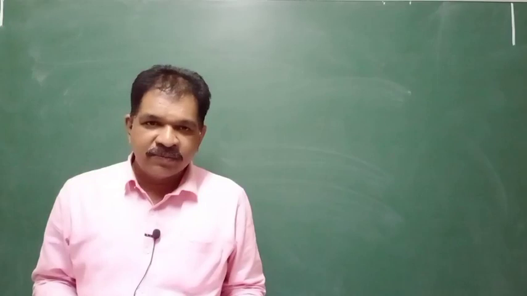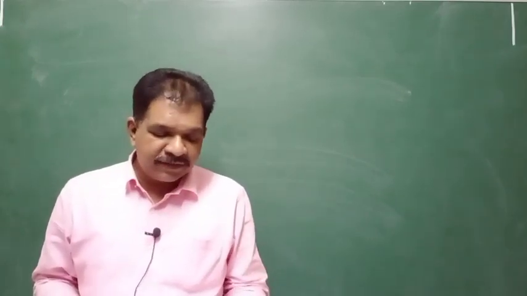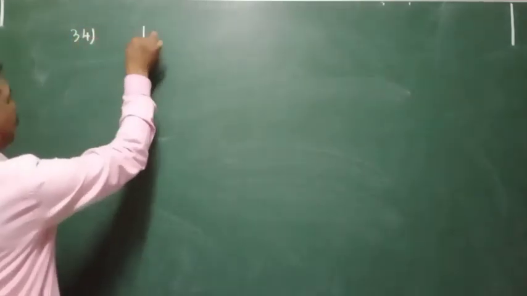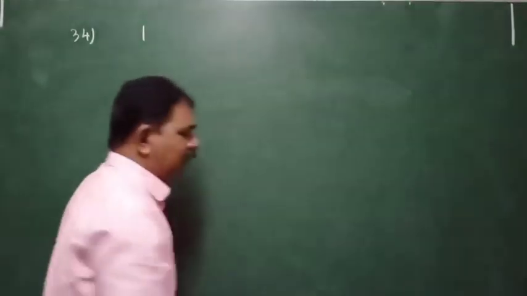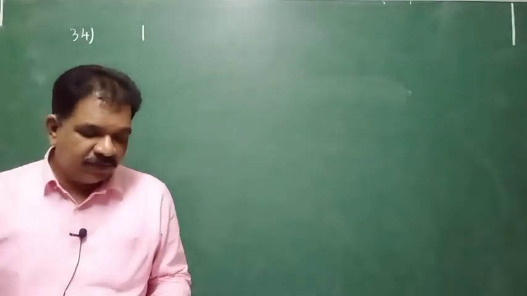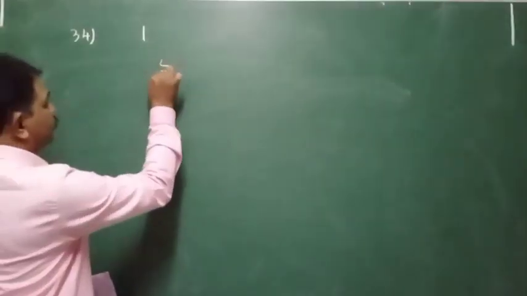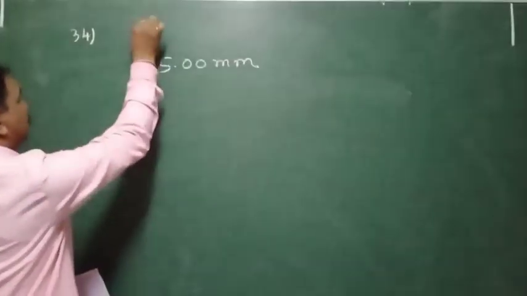If the device is measuring small values, we can say that the device is more precise. So 34, it will be first option. It is measuring up to millimeter also. So that will be the most precise reading among the given readings, 5.00 millimeter. Option will be first option.